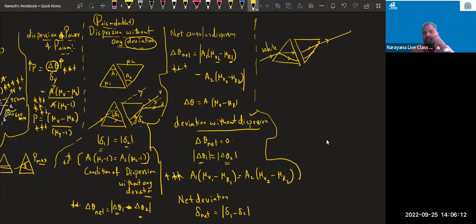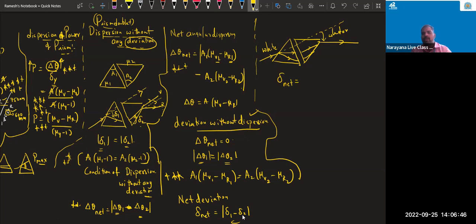White light is falling and white light only is emerging outside. But deviation is there, no? If there were no two prisms, light would go like this. But there is some net deviation, no? Net deviation formula: delta 1 minus delta 2. So how much can I write?